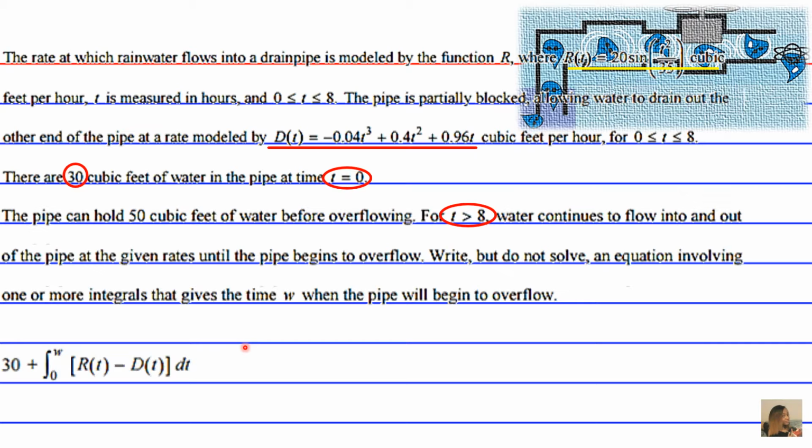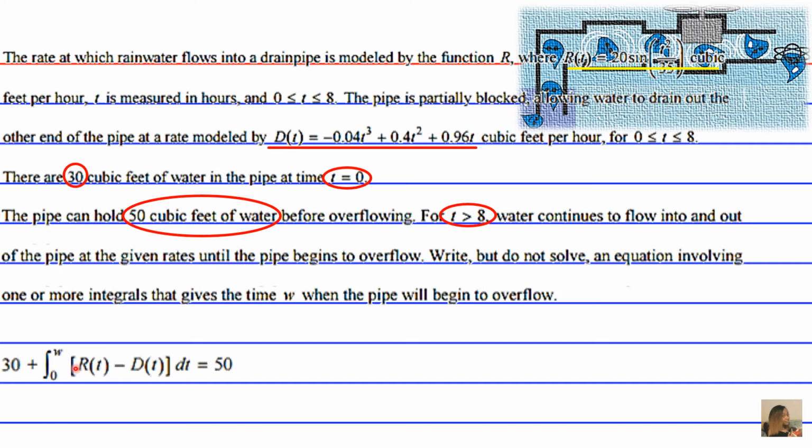But now we want to ultimately express the holding capacity of the pipe. And we're told that the pipe can hold a capacity of 50 cubic feet of water before overflowing. Okay, so this is our final expression. We've taken into account the initial condition, our integral expression, which includes the time w when the pipe will begin to overflow once it tips 50, so just on the cusp of 50 cubic feet.